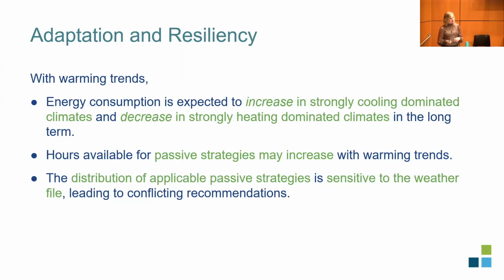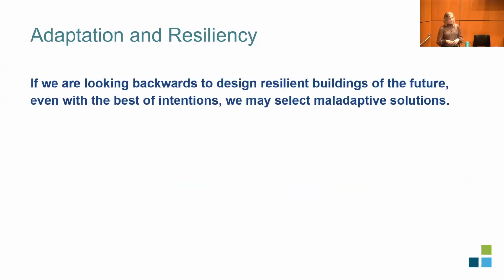If you're strongly heating dominated, likely your total energy use is going to go down. The hours of passive strategies may increase over time, but the available strategies are also shifting at the same time. My main concern is that if we're looking backwards to design resilient buildings of the future, even with the best of intentions, we may select maladaptive solutions.